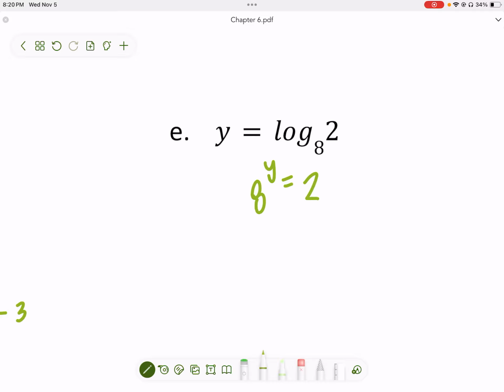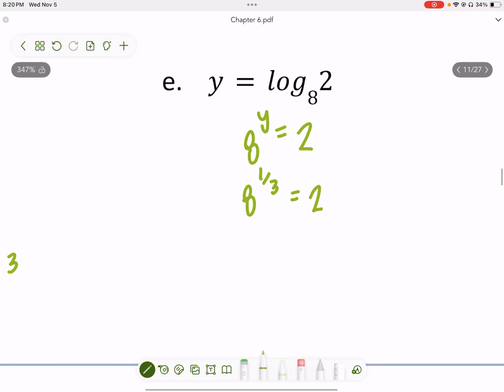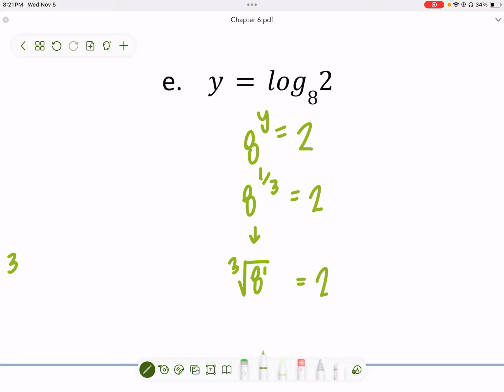This is saying we need some sort of fraction because we want the number to get smaller. Similar to how 2 cubed was 8, 8 to the power of a third is equal to 2. It's worth noting that this is actually the cube root of 8. The power of 1 is inside, and the cube root is represented by the denominator, and that is equal to 2. So y is equal to a third.